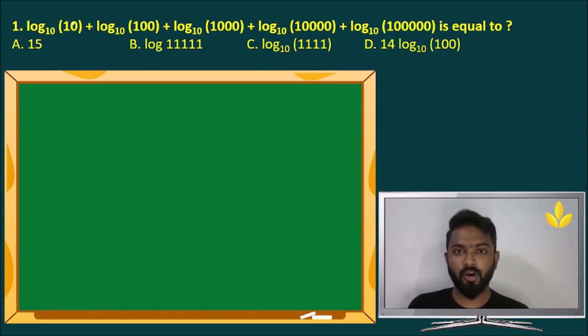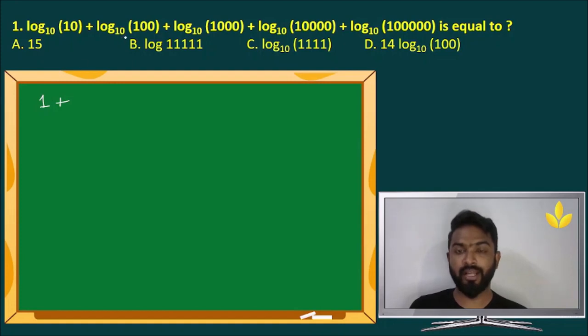We have log 10 base 10. Log base 10 of 10 is nothing but 1 because there is a property that log x base x is 1, because x power 1 is nothing but x. Plus log base 10 of 100. All you have to do is ask yourself, 10 power what is equal to 100? For example, 10 power what is equal to 10?